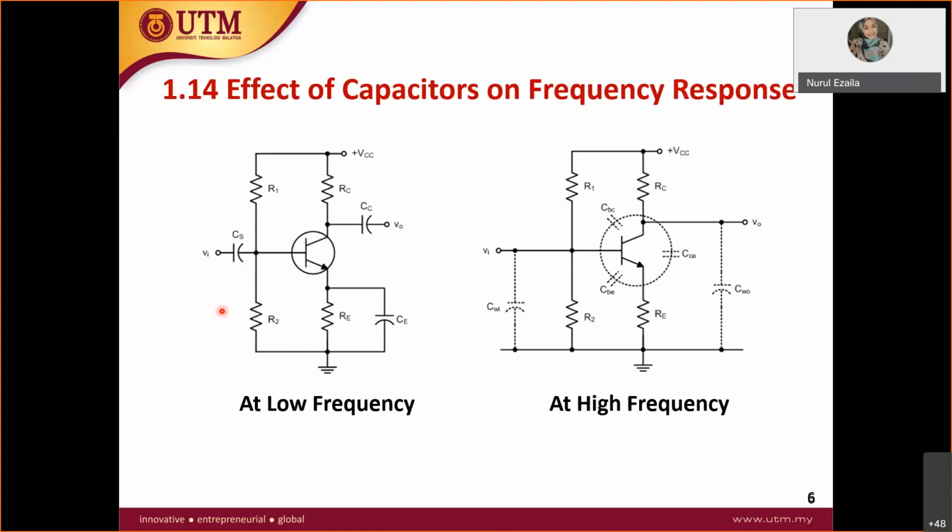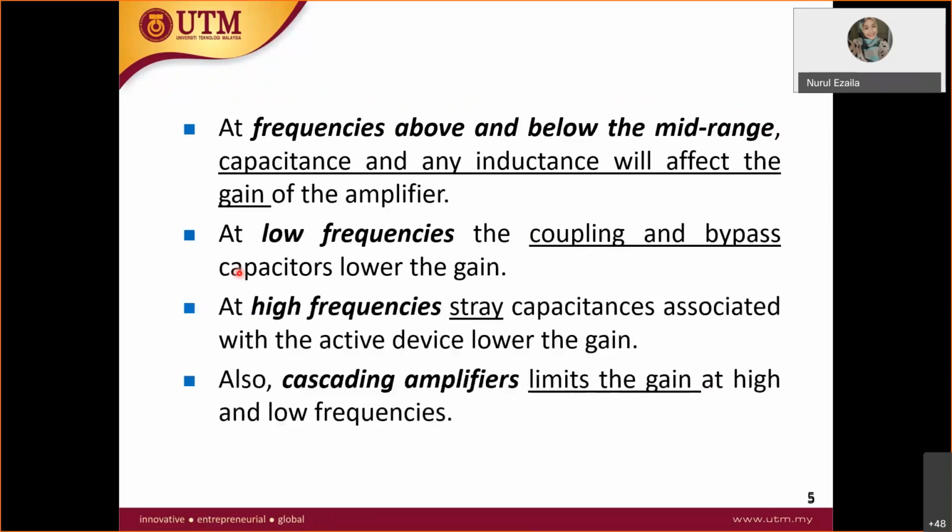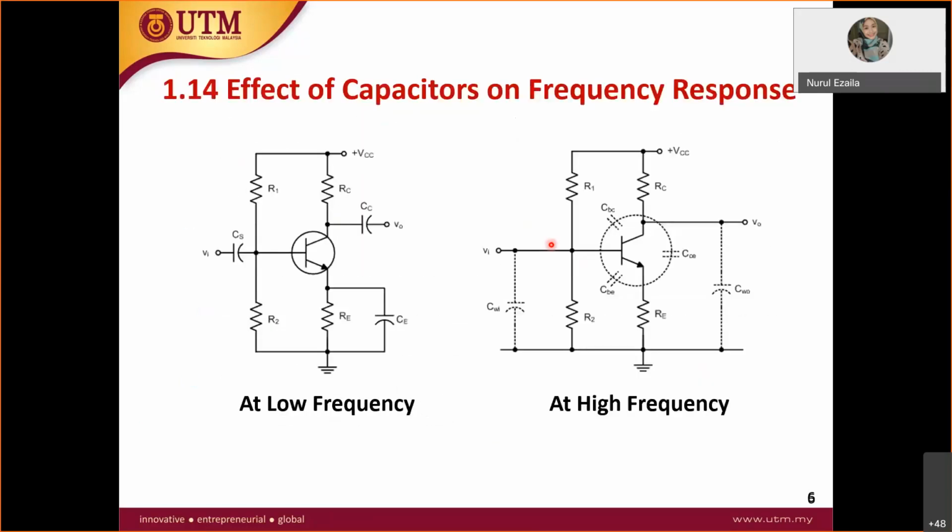We will include all these capacitors in your AC equivalent circuit. Remember, low frequency includes all the coupling capacitors, not the junction capacitors. So we will include all these coupling capacitors inside the AC equivalent circuit. Whilst in high frequency, you will have to consider the internal capacitors that you cannot see.